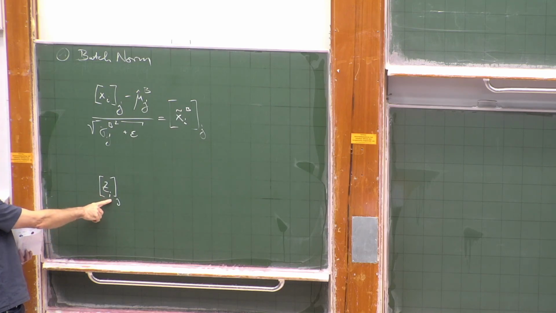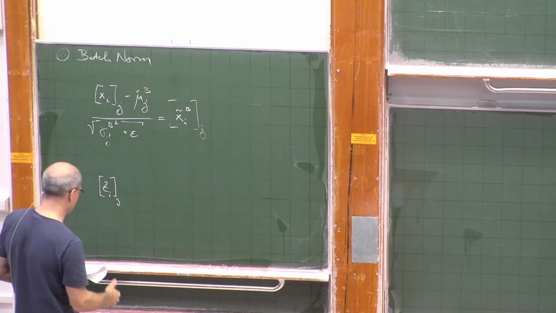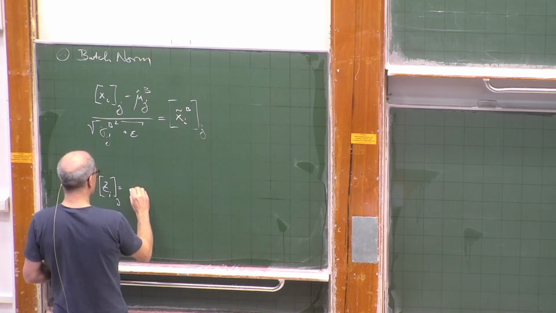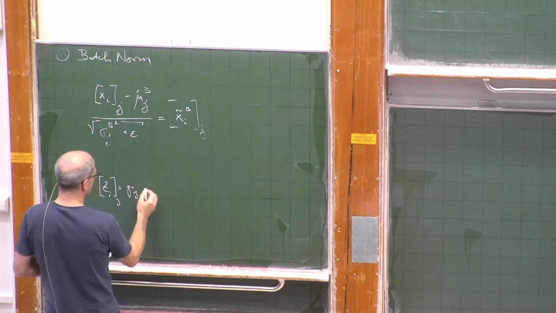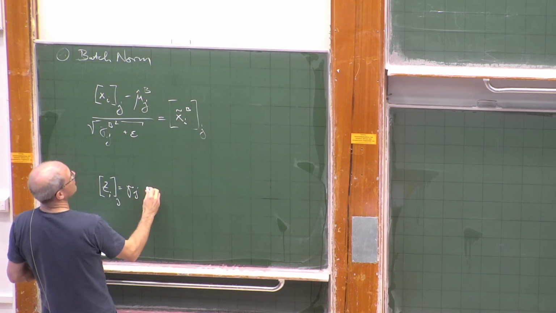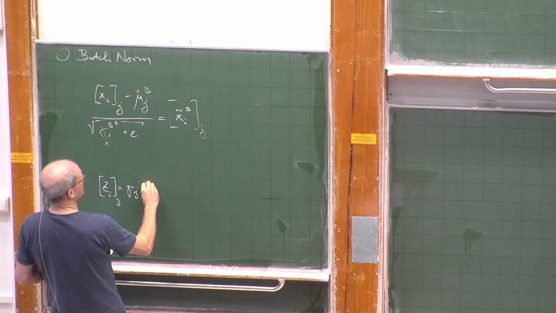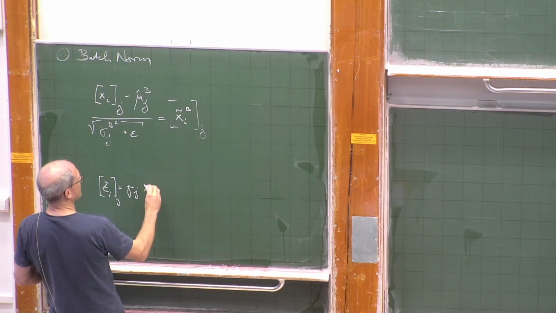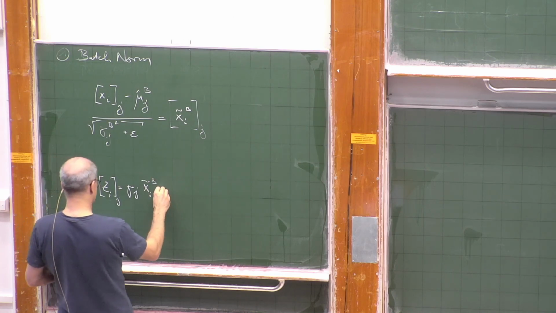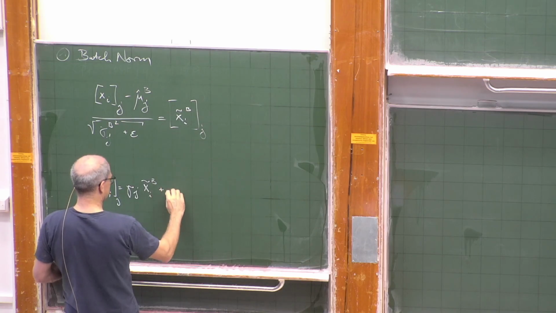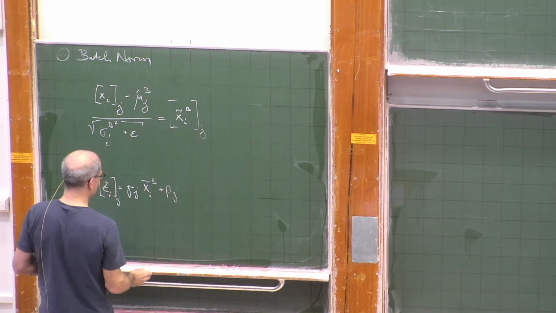For the ith training example, we're looking at component j: gamma j times x tilde i b, plus beta j.